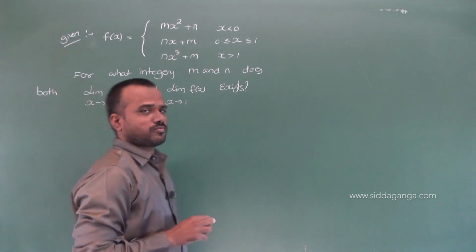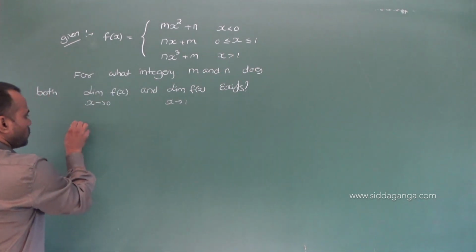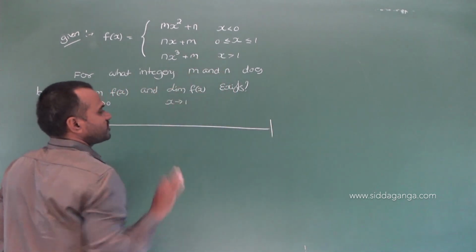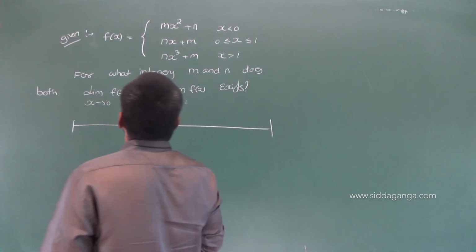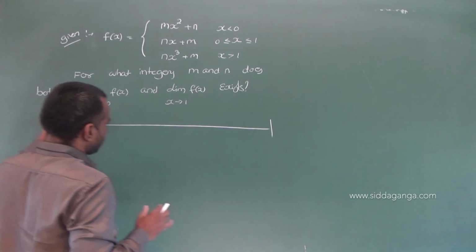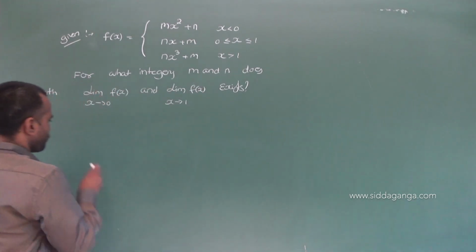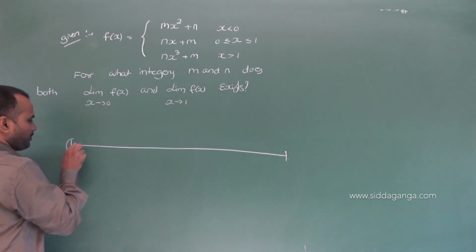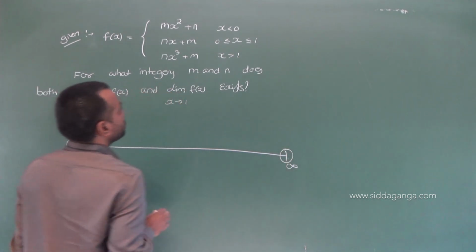Given f of x for x less than 0, from 0 to 1, and greater than 1. Better I draw the number line, then you will understand very properly. First we see the function properly. This is from minus infinity to plus infinity.